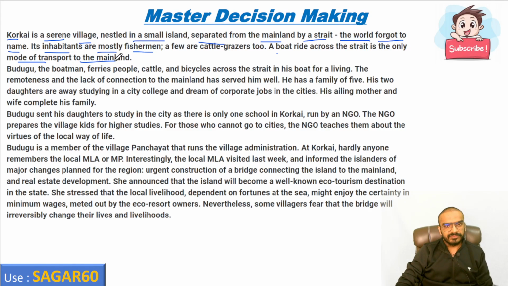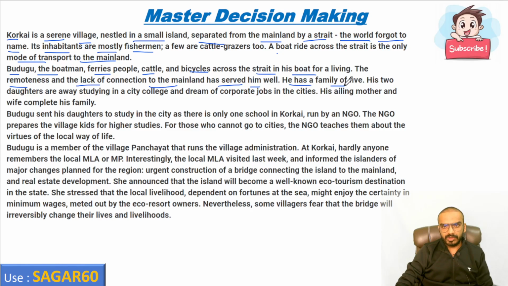Bedugu the boatman ferries people, cattle and bicycles across the strait in his boat for a living. The remoteness and the lack of connection to the mainland has served him well.